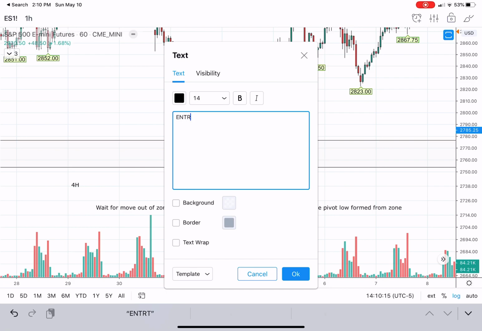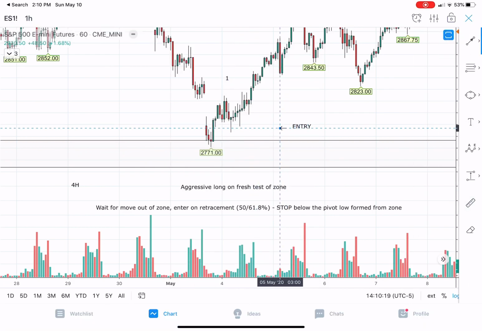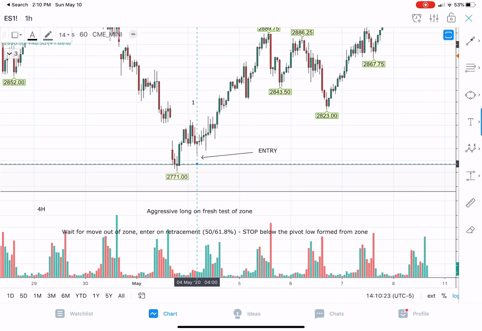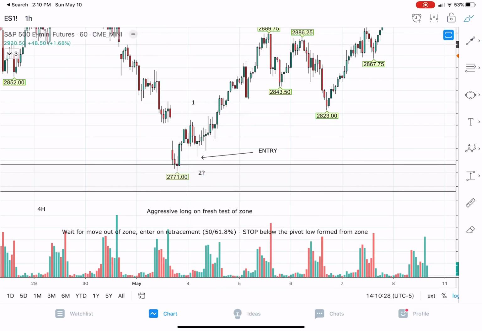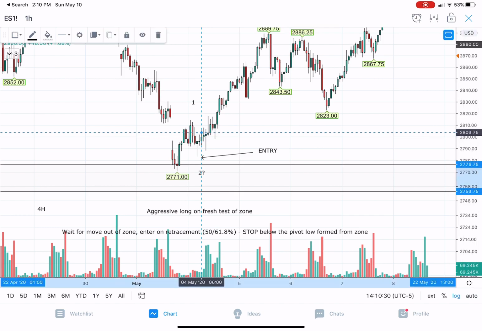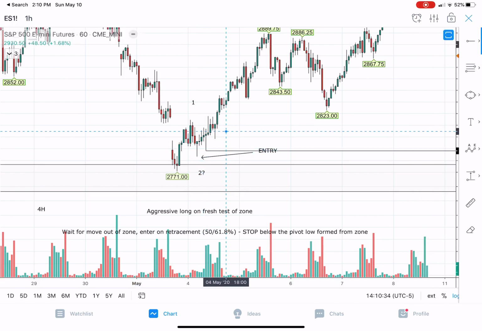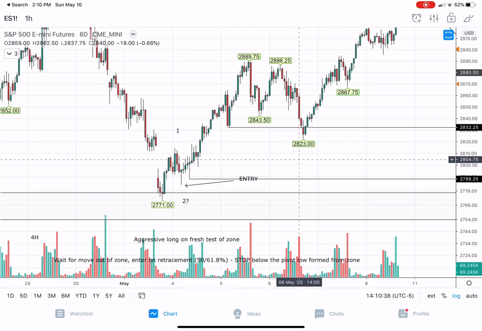Entry. So your entry would be on this pullback for a potential counter trend wave 2 move. And then from there, you can see that the market just kept on going up. You see, then we had continuation, and it keeps making higher lows. Higher low, and then we get a correction here.